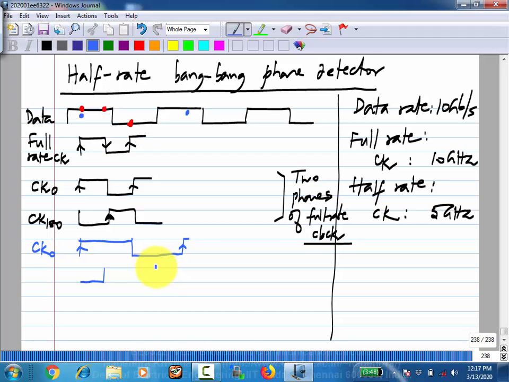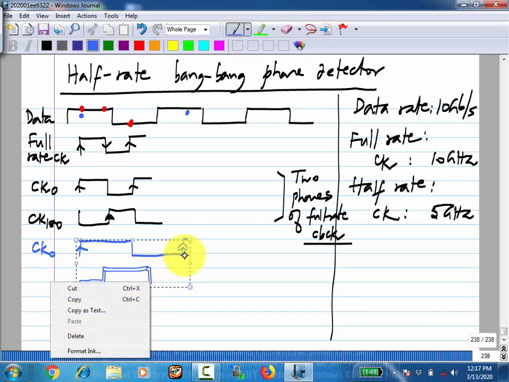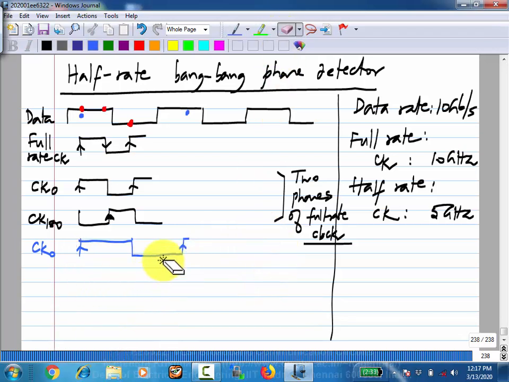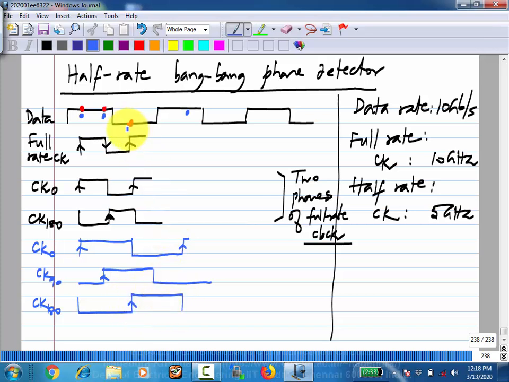So I will be sampling here. That gives me that one. This is CK90. And if I take the 180 degrees phase shifted clock, I will get that sample.